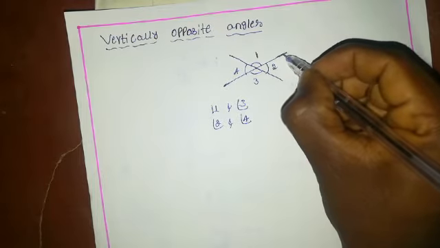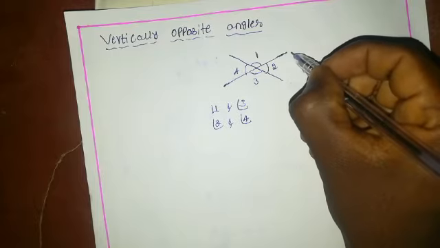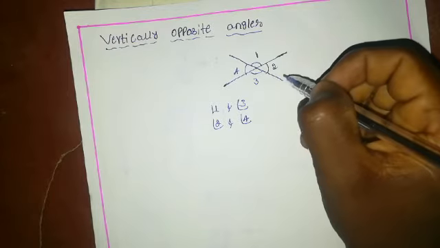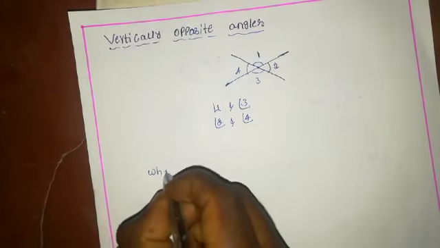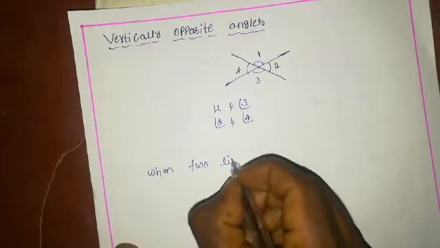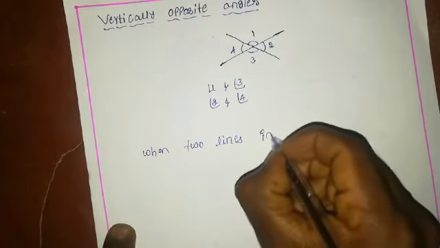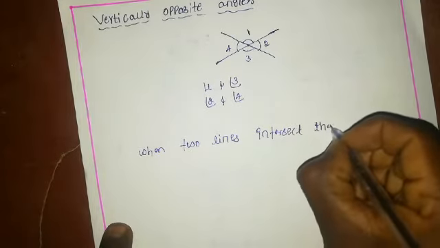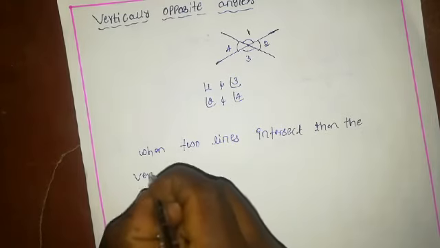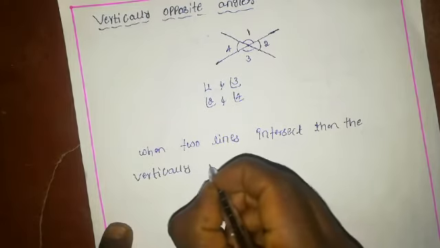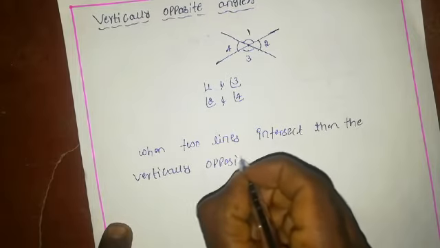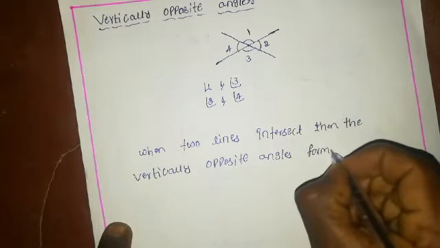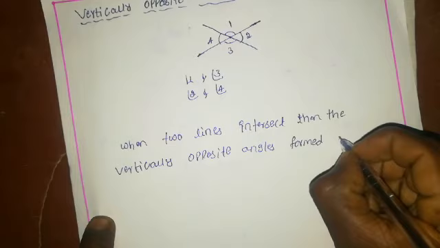If two lines intersect, the vertically opposite angles formed are equal, which means when two lines intersect, then the vertically opposite angles formed are equal.